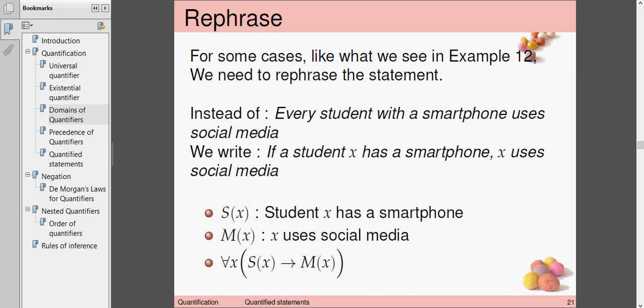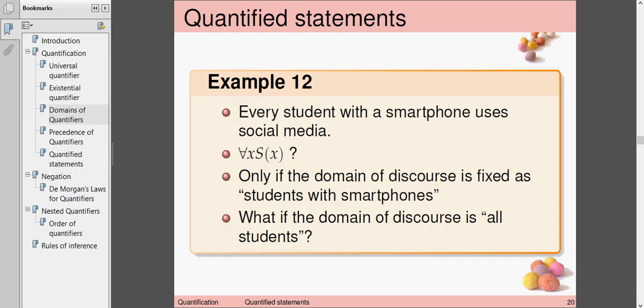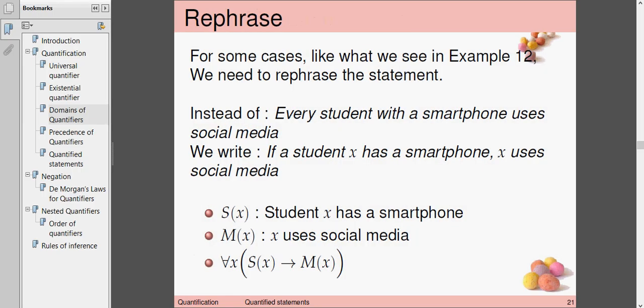So here we do something we call rephrasing or paraphrasing. If we see the condition here in example 12, we can rephrase it. Instead of every student with a smartphone uses social media, we can write: if a student X has a smartphone, then X uses social media.